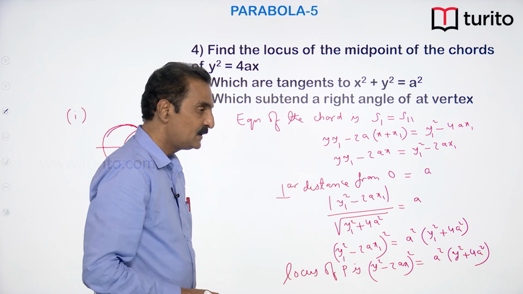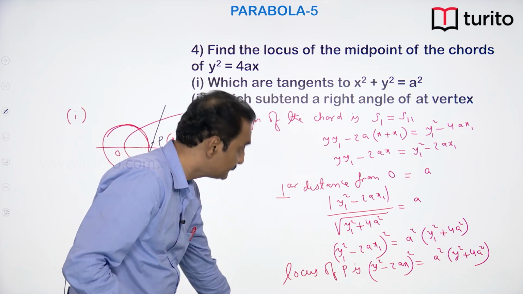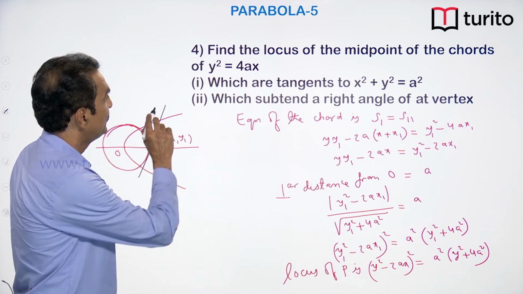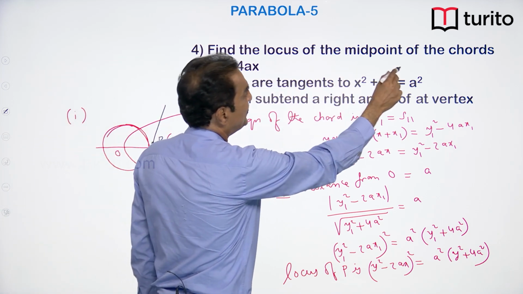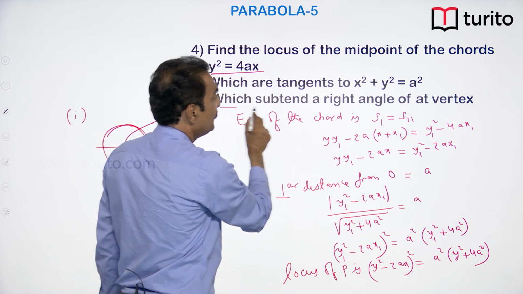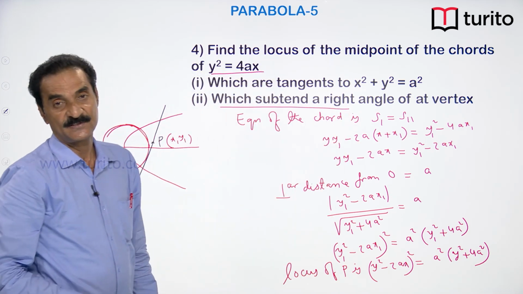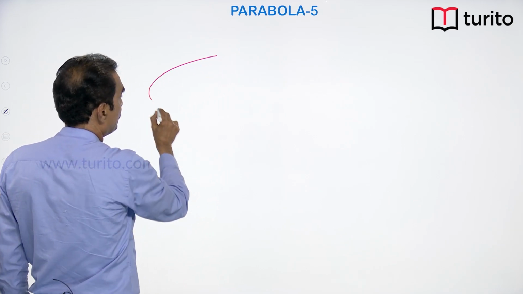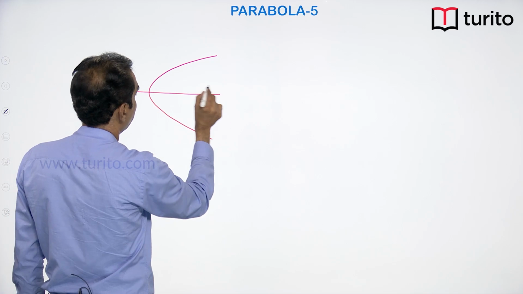Now, I will solve the next question, second part. Again, find the locus of the midpoints of the chords of the parabola y square is equal to 4x which subtend a right angle at the vertex. Take a parabola.